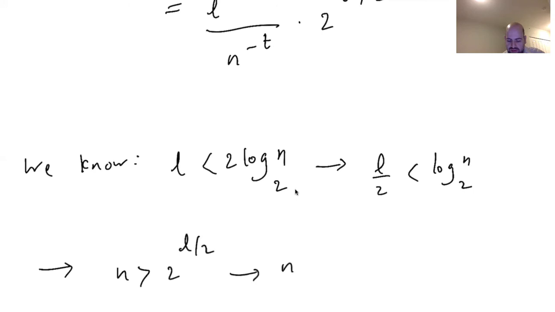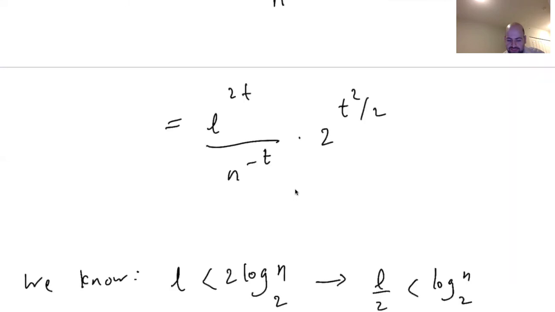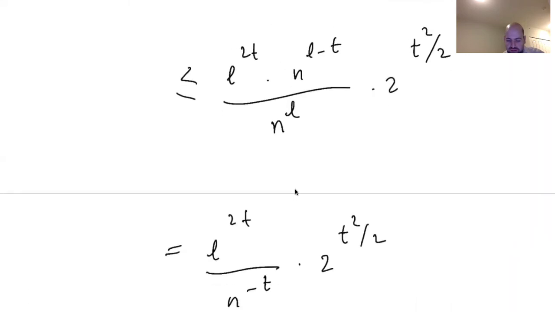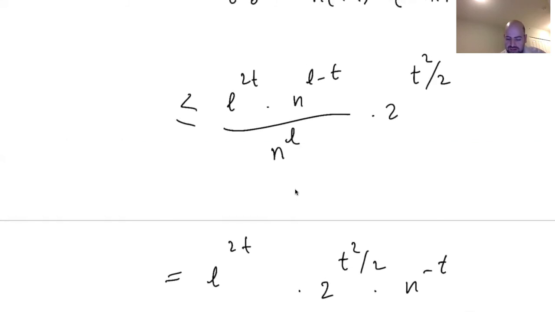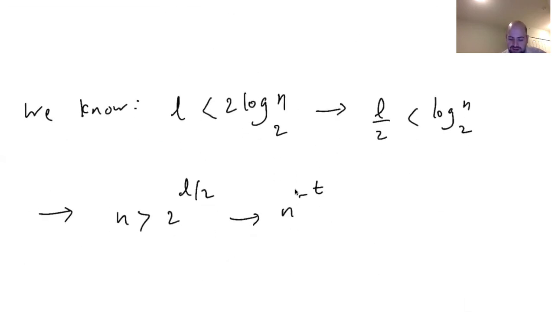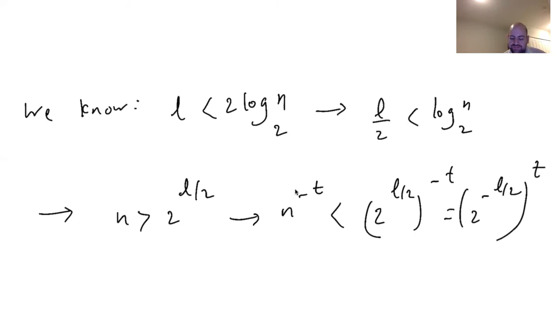So n to the power minus t, because the power is negative, is in the numerator here, which is the same as 1 over n to the power t. So n to the power minus t will be less than 2 to the power L over 2 to the power minus t, which is the same as 2 to the power minus L over 2 to the power t.